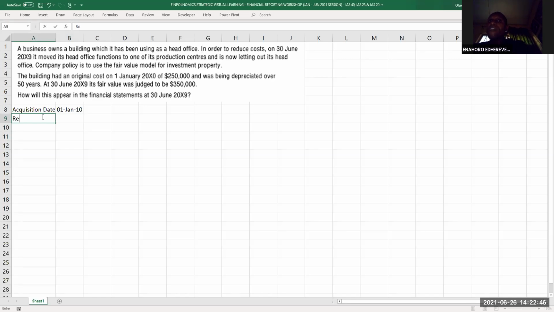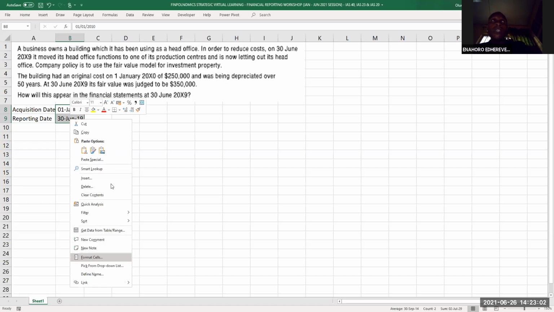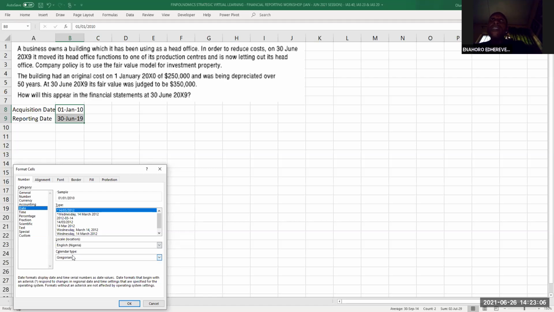So there was a revaluation gain of 147, I can't remember the exact figure, 147,500. Based on the standard, when a property carried under IAS 16 is converted to investment property, any revaluation gain on that day should be moved to the OCI.